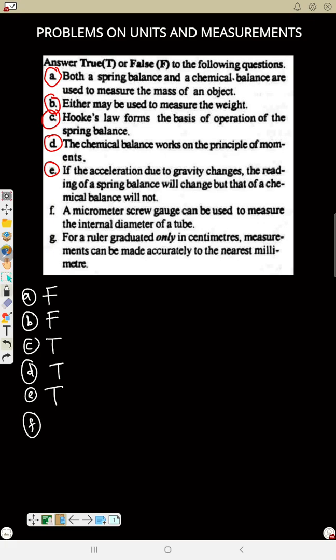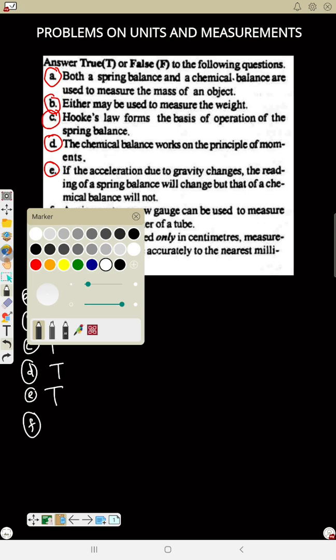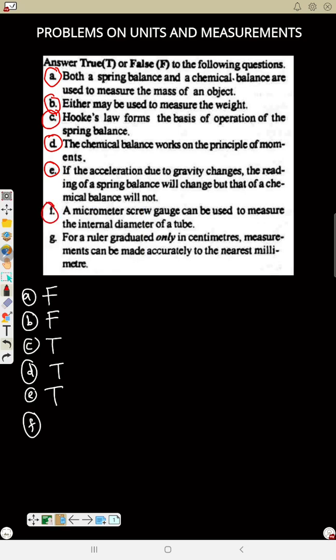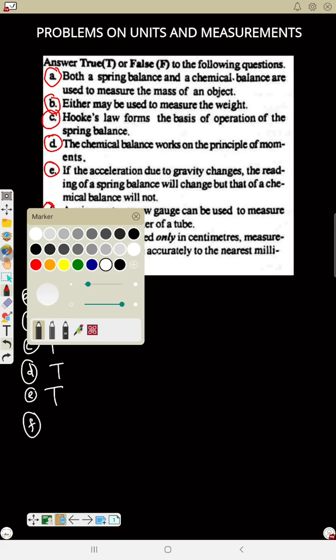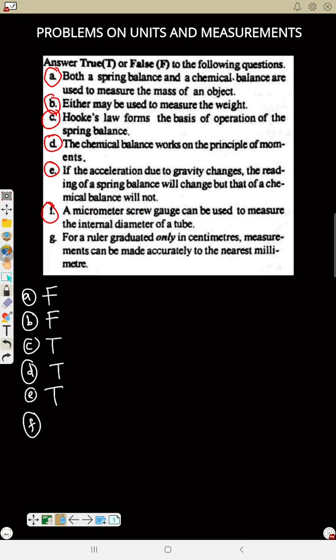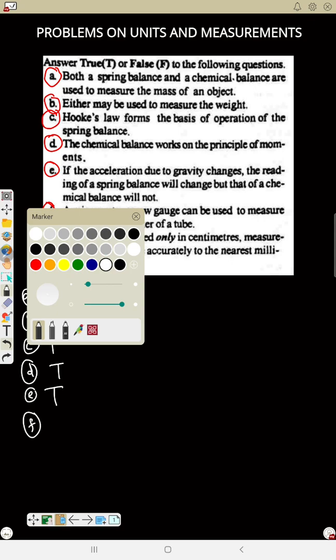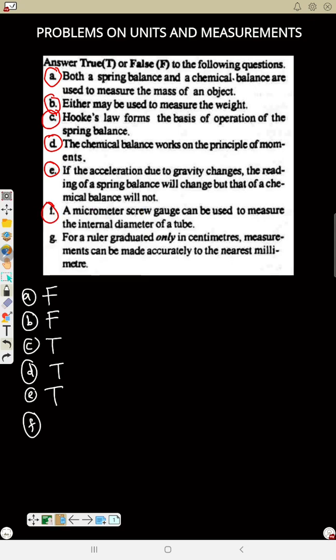a micrometer screw gauge can be used to measure the internal diameter of a tube. Now, if we check our point on micrometer screw gauge, we can only use micrometer screw gauge to measure the external diameter.